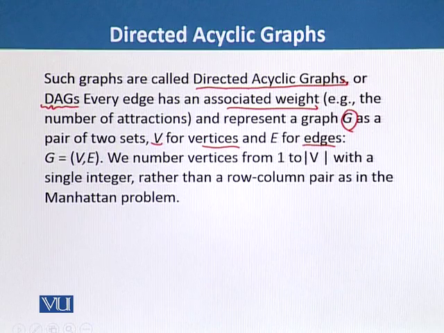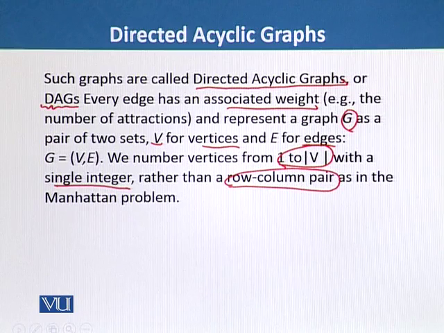We number vertices from 1 to V with a single integer, rather than a row-column pair as in the Manhattan problem. As we have seen in the Manhattan problem, we always use pair numbers. For example, we have used the I and J numbers: I is the row and J is the column.